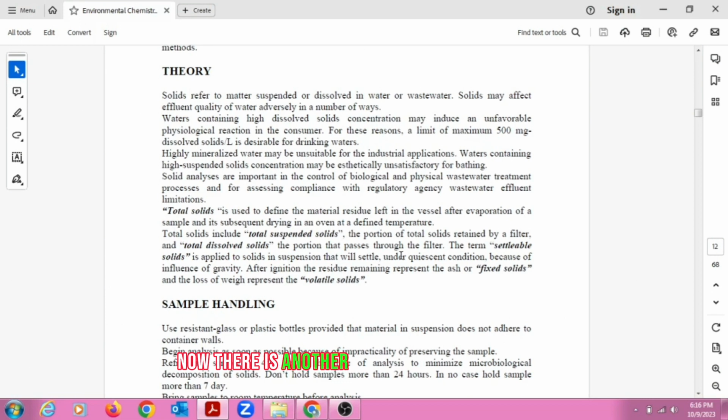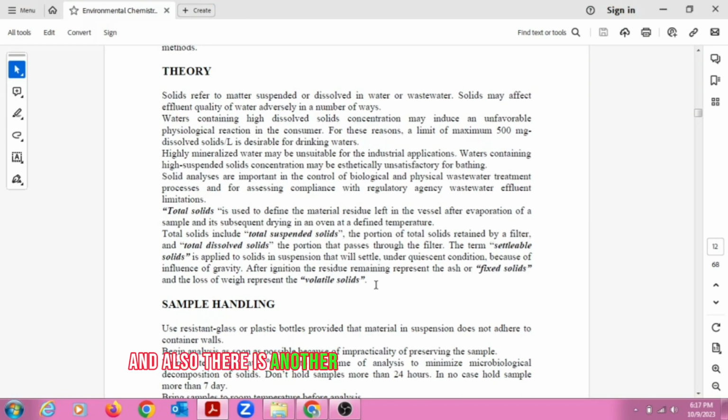Now there is another term, which is called the volatile solids. The volatile solids refers to the organic portion in the water samples. Usually for finding out the volatile solids, we take the sample and then we ignite the residue, and the loss of weight due to ignition represents the volatile solids.